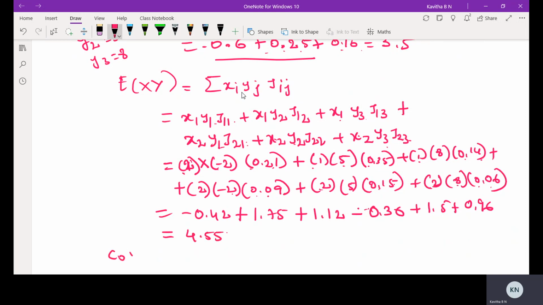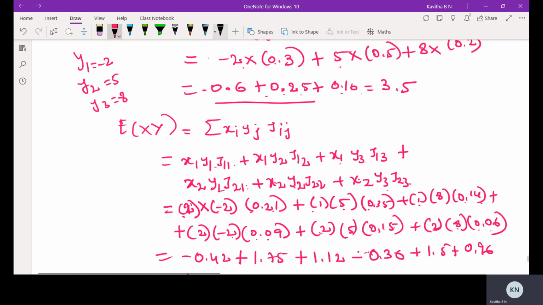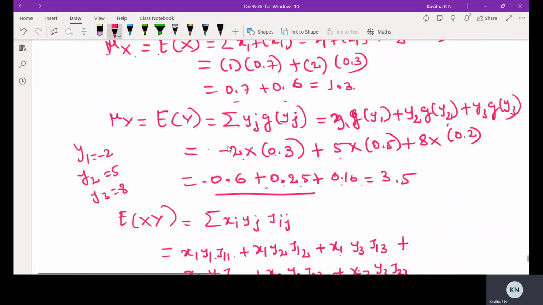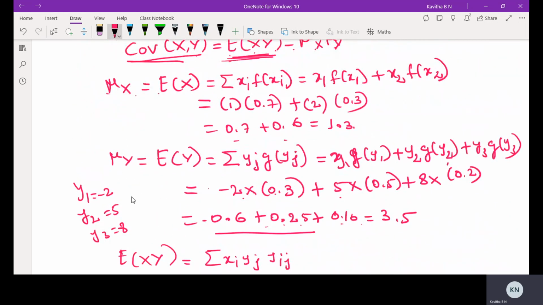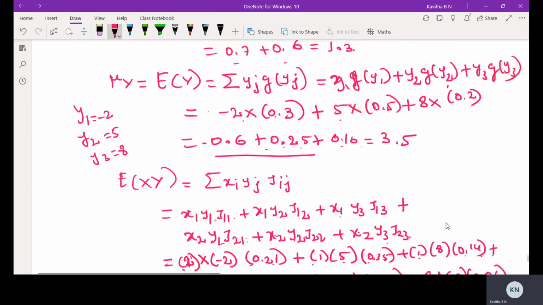Okay, then covariance of x comma y is equal to expectation of xy minus mu x into mu y. Okay, substitute: expectation of xy is 4.55 minus mu x. Mu x is nothing but 1.3, mu y is 3.5.